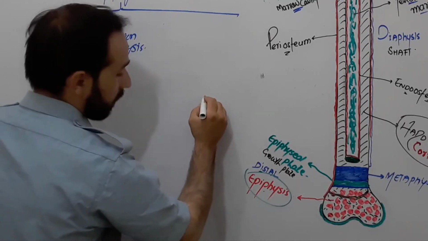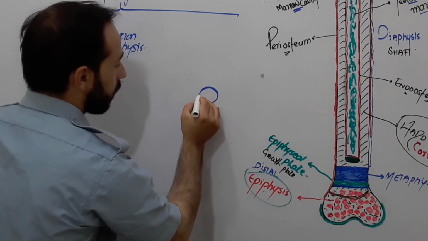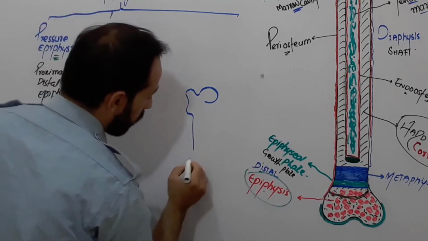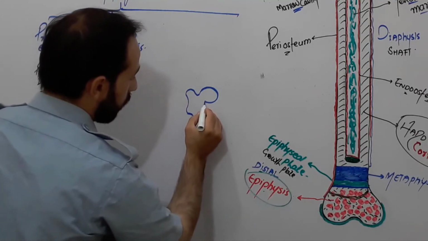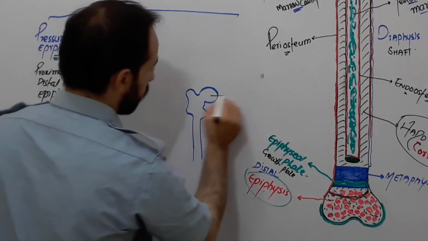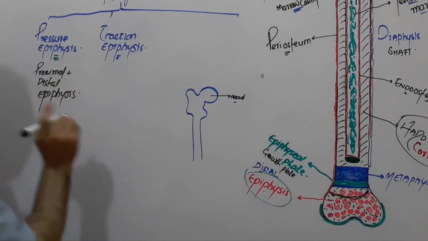For example, I will draw the diagram of the femur bone. This is the head of the femur, and this is the greater trochanter. This is where the shaft begins, and here we have the lesser trochanter, and this is the shaft. Now look carefully. This head of this bone is the pressure epiphysis.